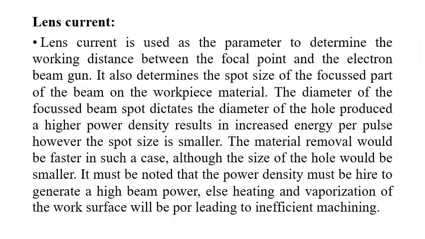A higher power density results in increased energy per pulse. However, the spot size is smaller. The material removal would be faster in such a case, although the size of the hole would be smaller.